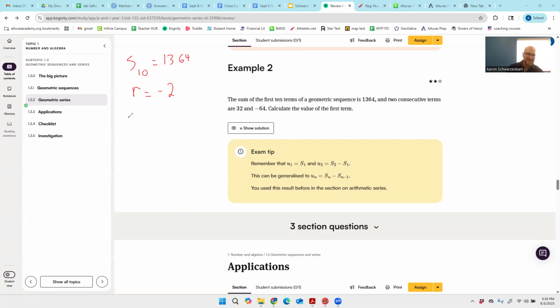So I've got 1364 equals U1, and I'm just going to use my formula: negative 2 to the n minus 1 over negative 2 minus 1. So that's negative 3 on my denominator, and I'll multiply both sides by negative 3 to get it out of the way.